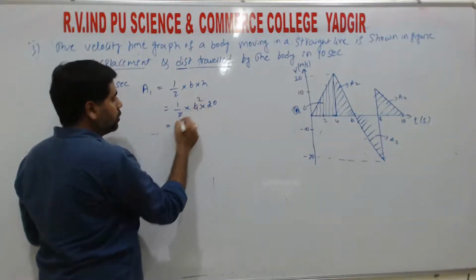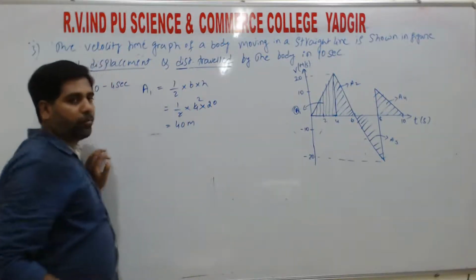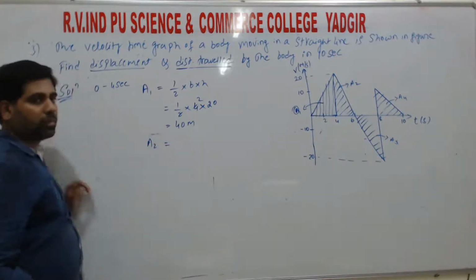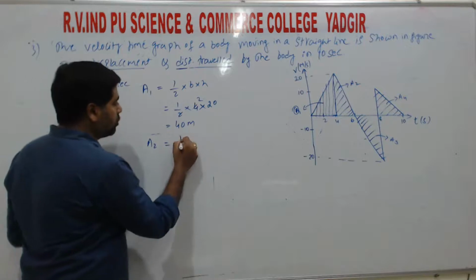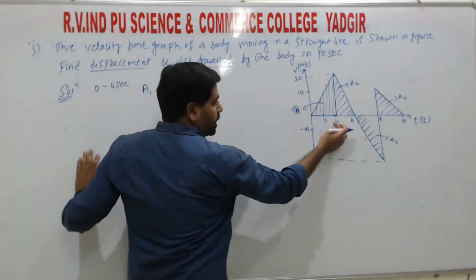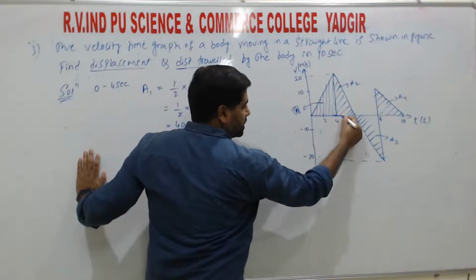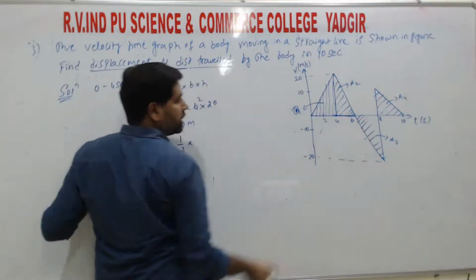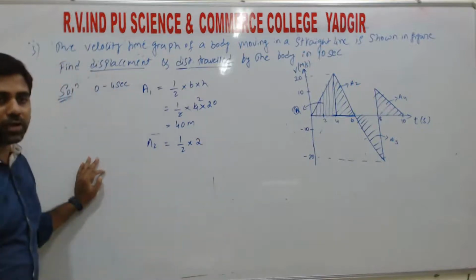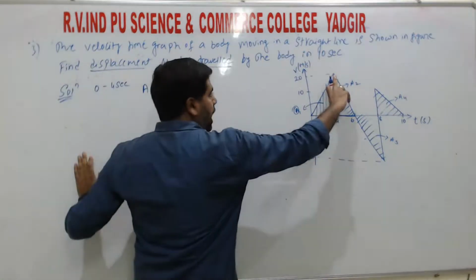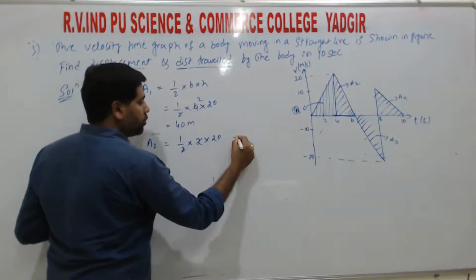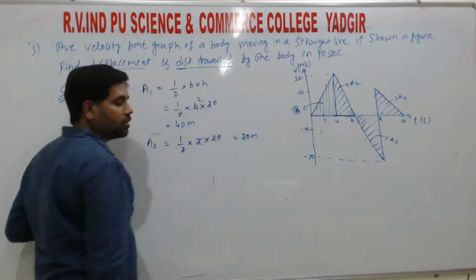So we get 40 meters. In a similar way, A2. A2 is half into base, 6 minus 4 is 2, that is time, into height. So height is again 20, right? So we get 20 meter A2.